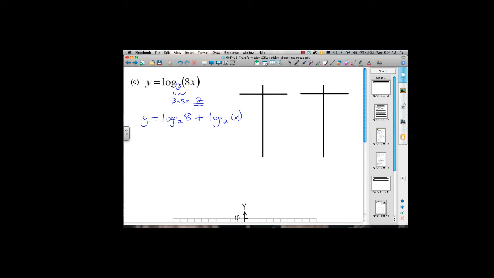Now what I would focus on from here is the fact that what I'm doing the logarithm of here, 8, happens to be a power of my base, which is 2. So what I would do from here is simplify a little bit further. So I've got log base 2 of, well, 8 is 2 to the power of 3, and I still have the log base 2 of x at the end.